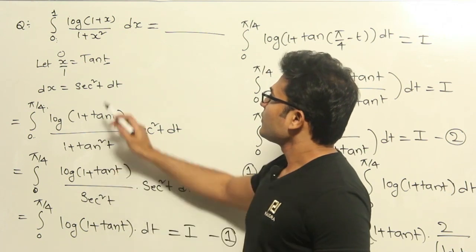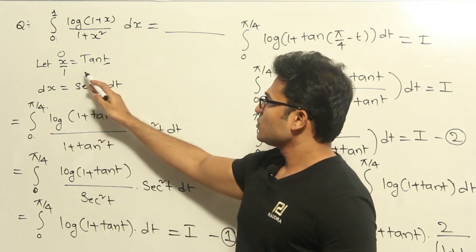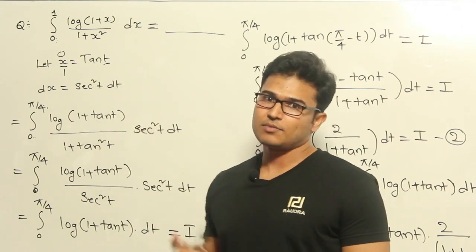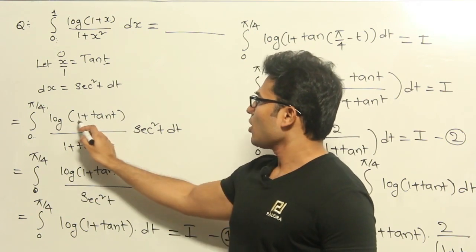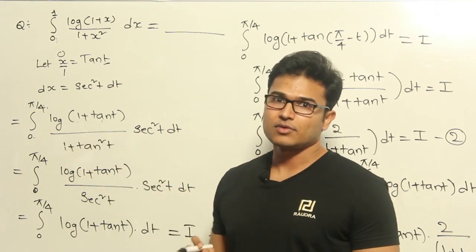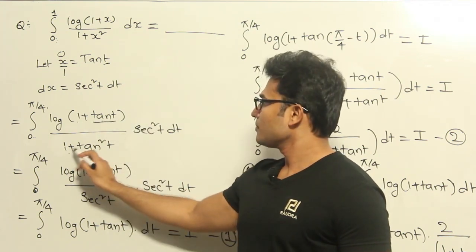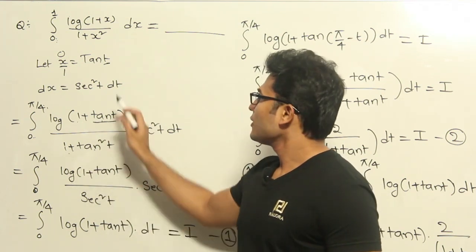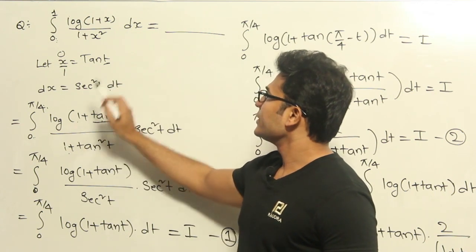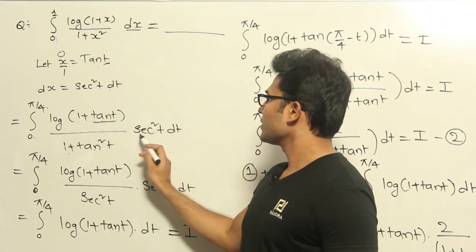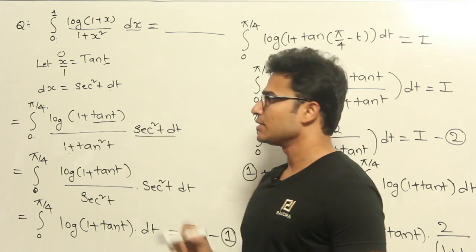Wherever we have x, I am going to put tan t. So log(1 plus tan t), and here 1 plus tan squared t, and wherever there was dx earlier, I am going to write secant squared t dt.